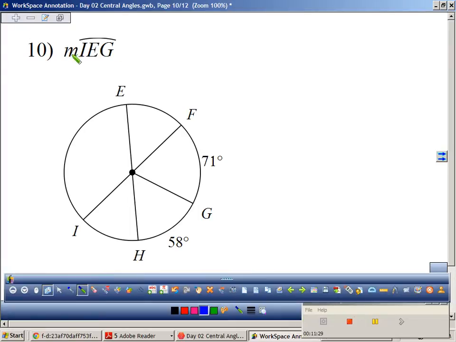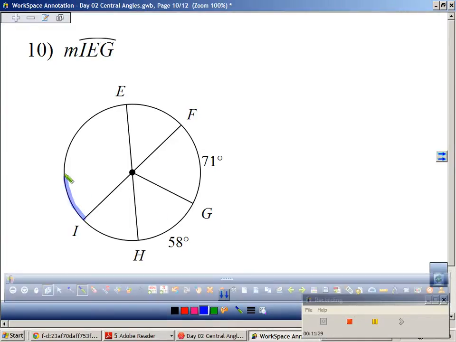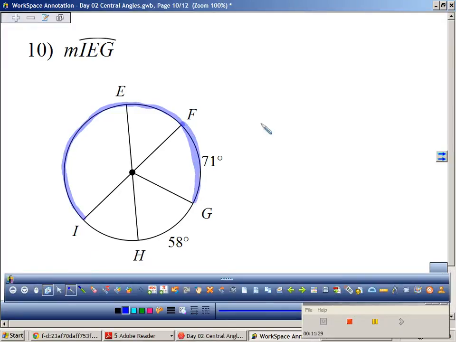I need the measure of the major arc IEG. So I'm looking for I, E, G, all the way around here. I already have 71. I just need all the way around here.